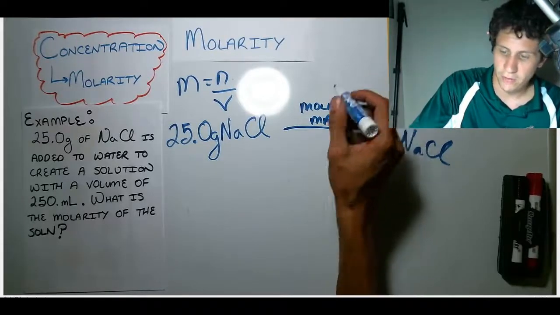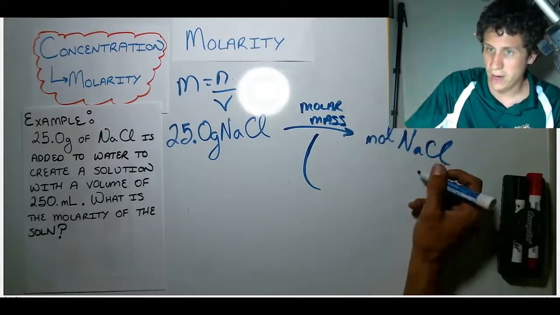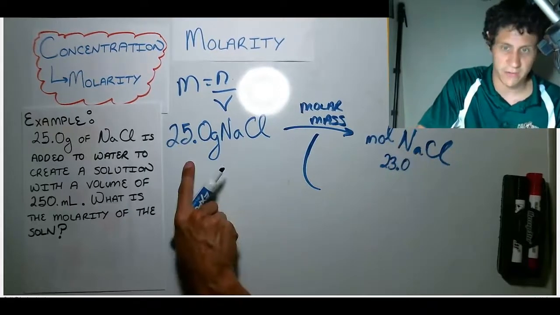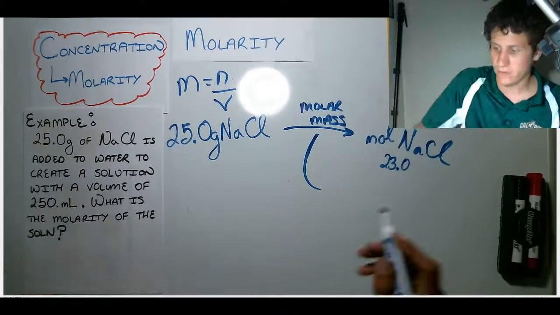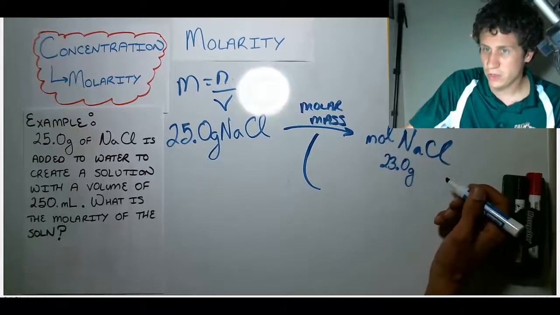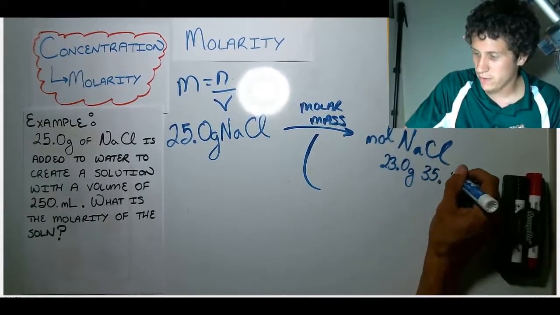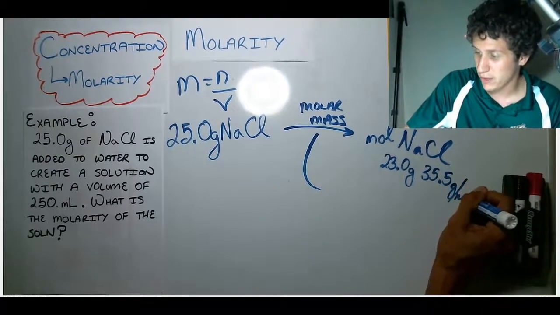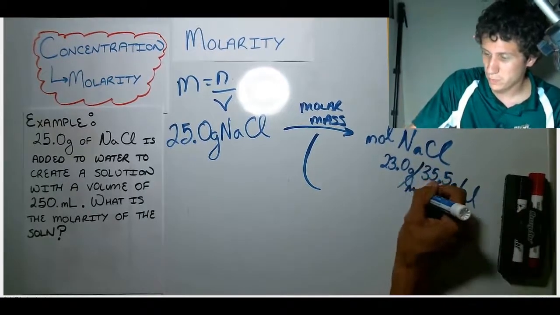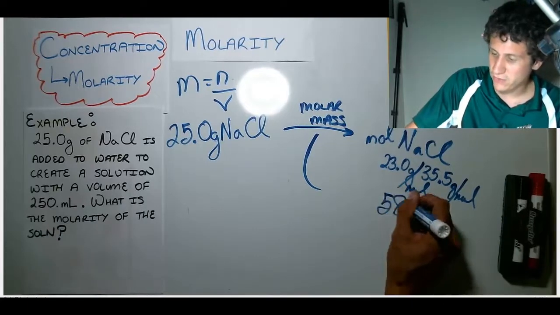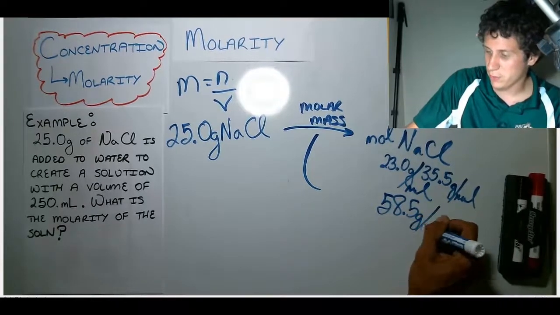So if we look at molar mass for sodium chloride, looking at a periodic table, I'm going to round this to 3 significant figures because I have 3 sig figs here, 3 sig figs there. Sodium weighs 23.0 grams per mole. I also know that chlorine weighs 35.5 grams per mole. So together, NaCl is going to have a molar mass of 58.5 grams per mole.